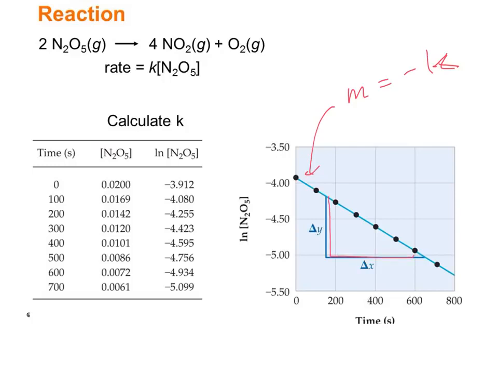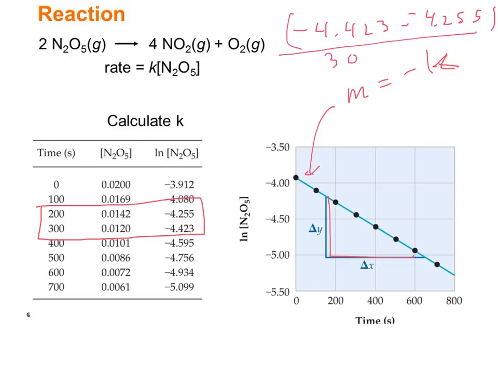To simplify our process here, I'm just going to choose 2 points at random to determine my slope. So I've got a negative 4.423 minus a negative 4.255, divided by 300 minus 200. That gives me negative 4.423 minus a negative 4.255.